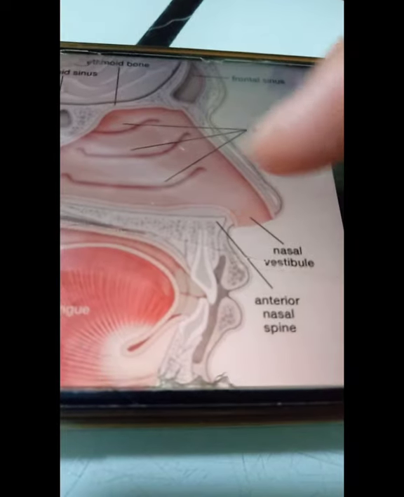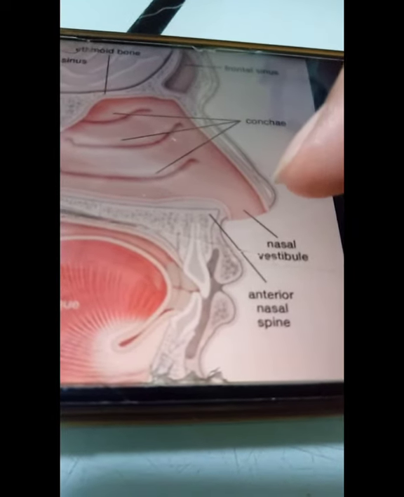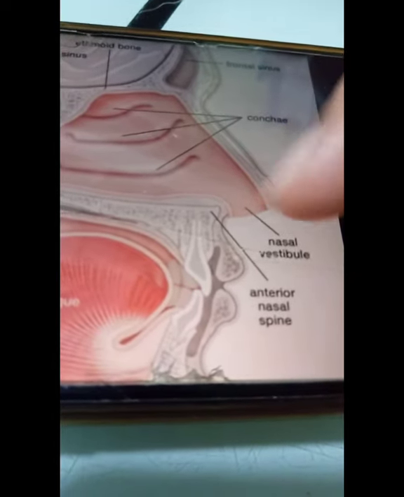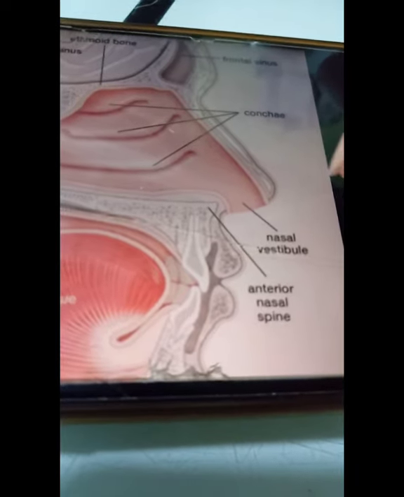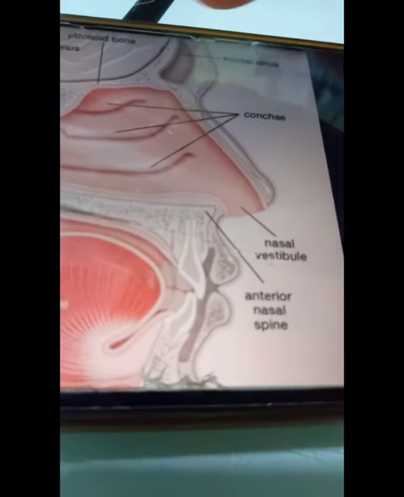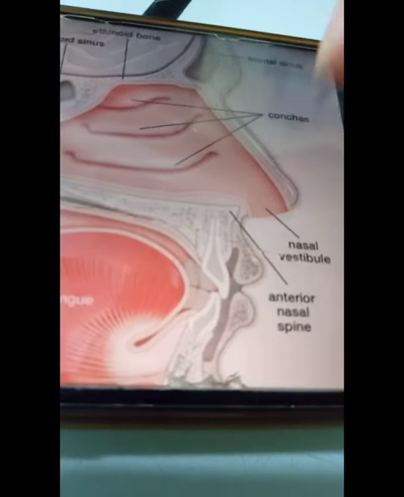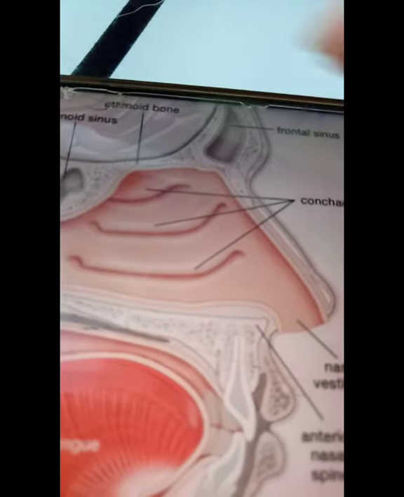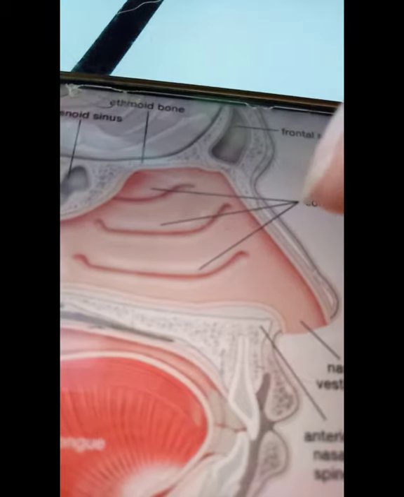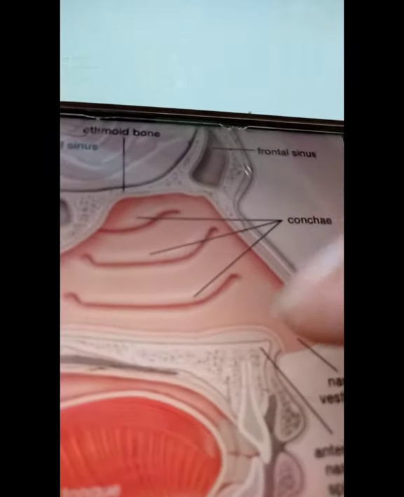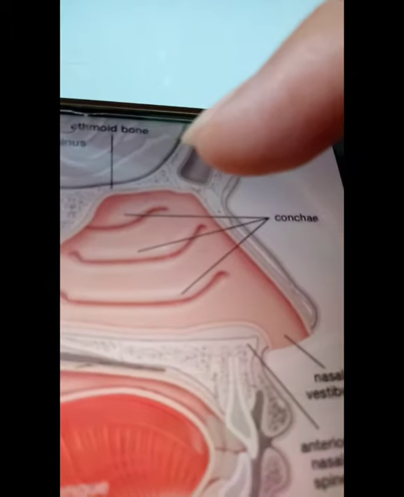Behind the vestibule, along the outer wall, there are three elevations running generally from front to rear.